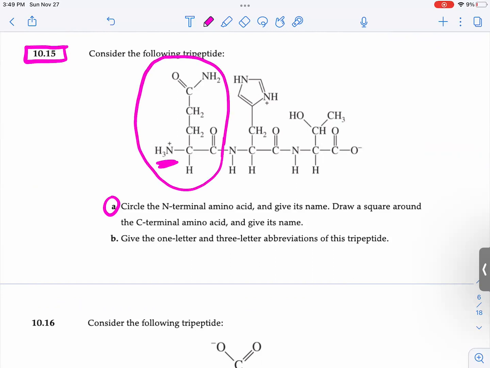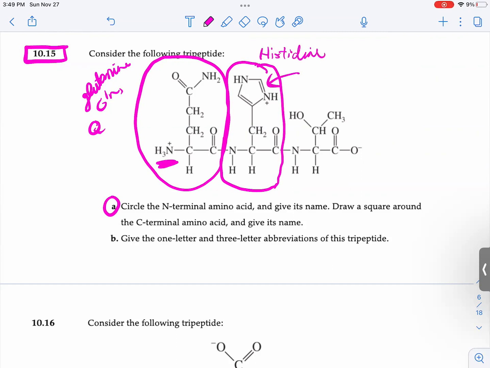We'll know that this is glutamine. Glutamine, that's GLN. Glutamine, cutamine, remember? Oh, it kind of helped. All right. So then we have histidine. Okay, so we have our next amino acid, all right, after the peptide bond. And that's going to be histidine.